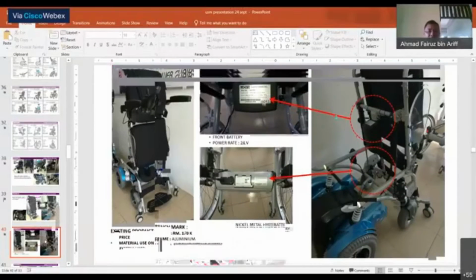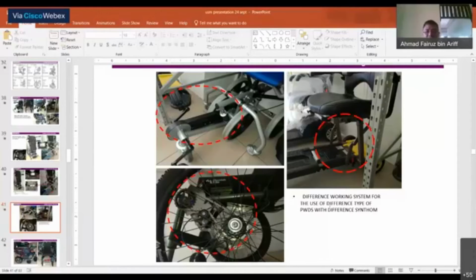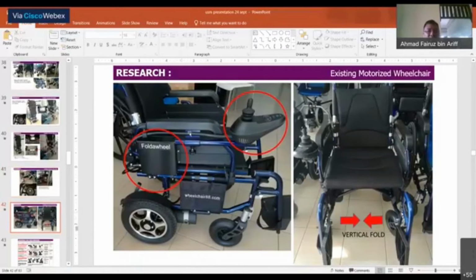For other types, we searched for the system, how the working system works. In achieving the foldable design and the accessories, how they put the control panel, how they put the battery, and how they flip it for ease of transport.